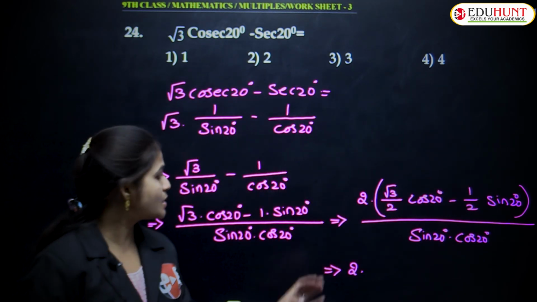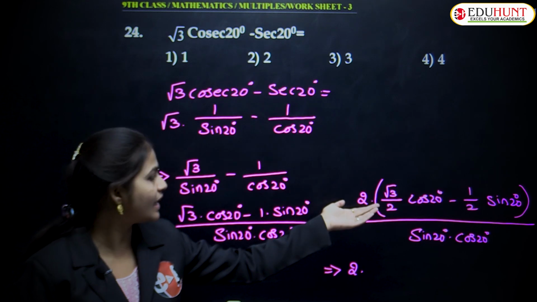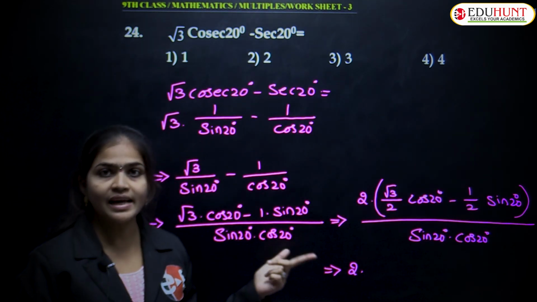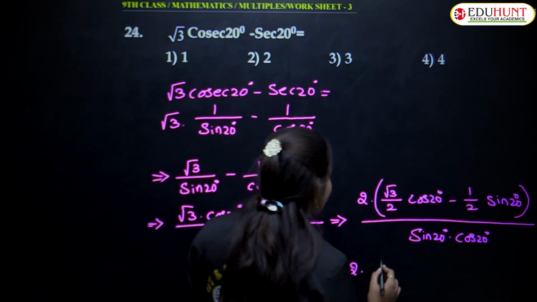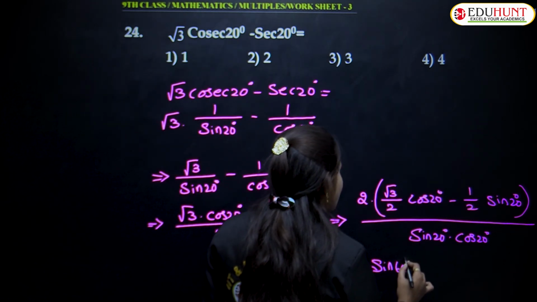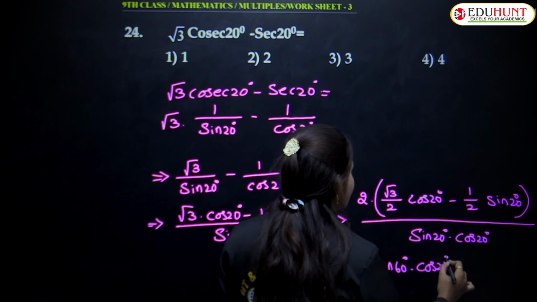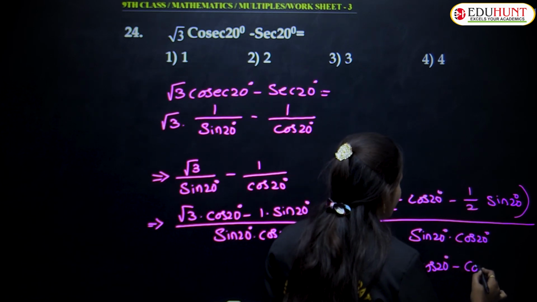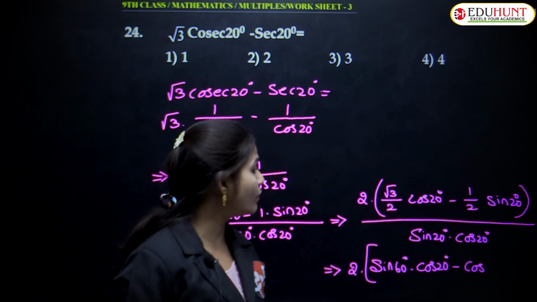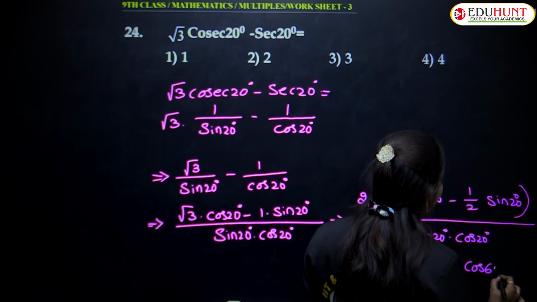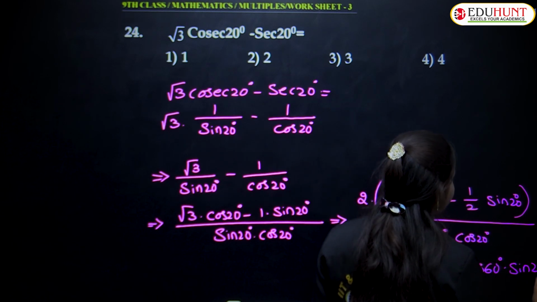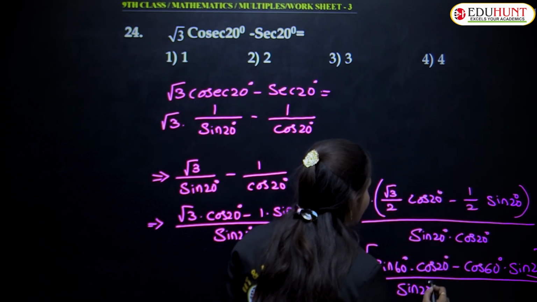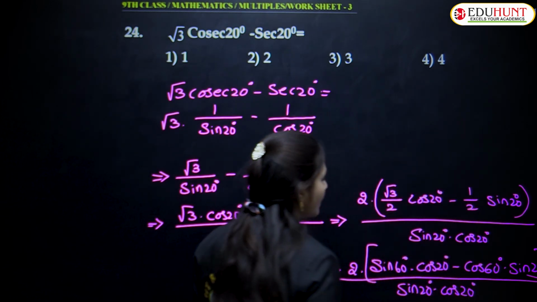So root 3 by 2, by using the trigonometric ratio, we can write it either in cos or sine, your wish. So root 3 by 2 in sine, where will we get root 3 by 2? Sine 60 degrees. So sine 60 degrees into cos 20 degrees minus, here I changed this one as sine, so this one changes to cos. So cos how much is equal to 1 by 2? Cos 60 degrees value is 1 by 2, into sine 20 degrees, whole by sine 20 degrees into cos 20 degrees. Am I clear to you?